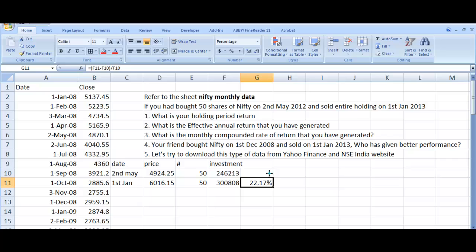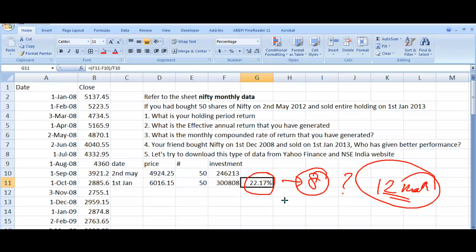So this 22.17% return is for 8 months. We would want to compute how much it would become over 12 months. That computation is known as the effective annual rate.